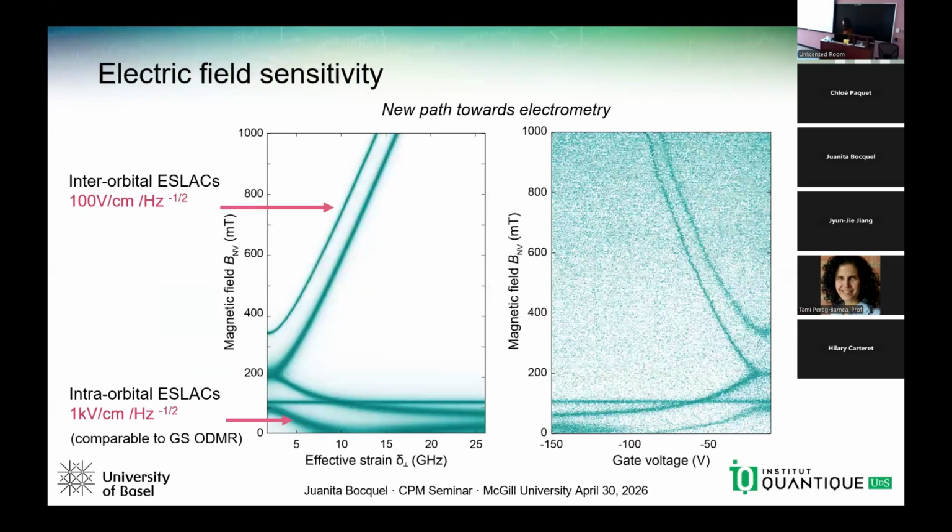If I now show the map, we can see that we reproduce the plot we had obtained in the theory where we changed the effective strain that the NV center experiences. So in a way, with the electric field, you can, to some extent, put yourself in one of those regions.